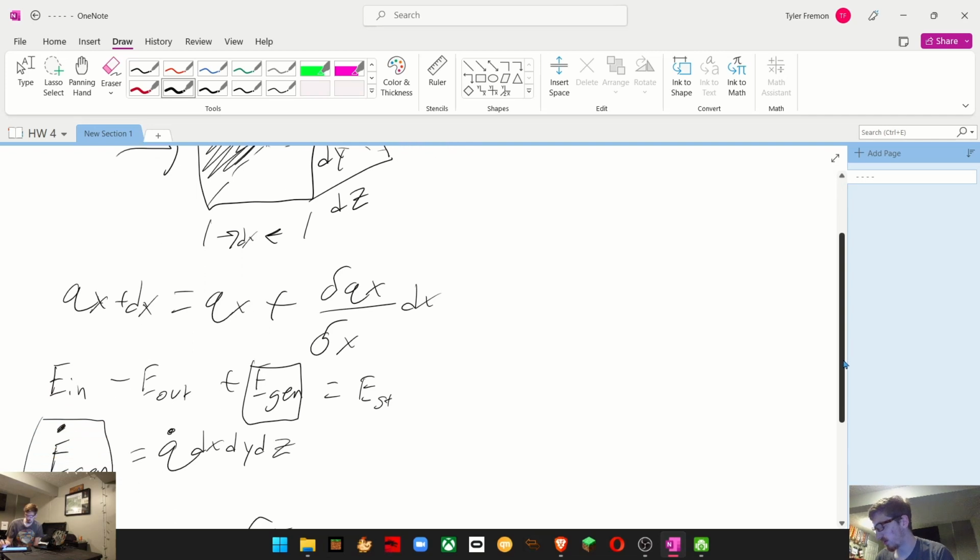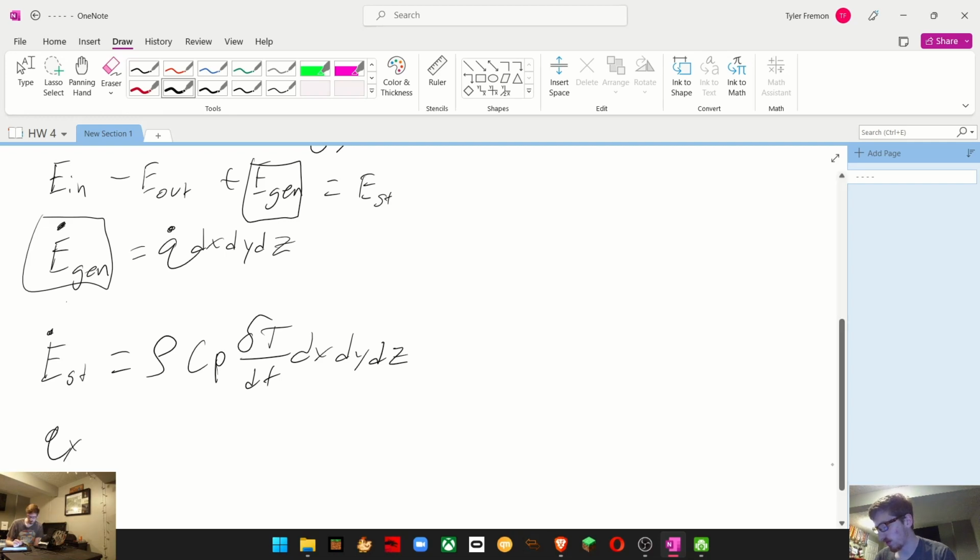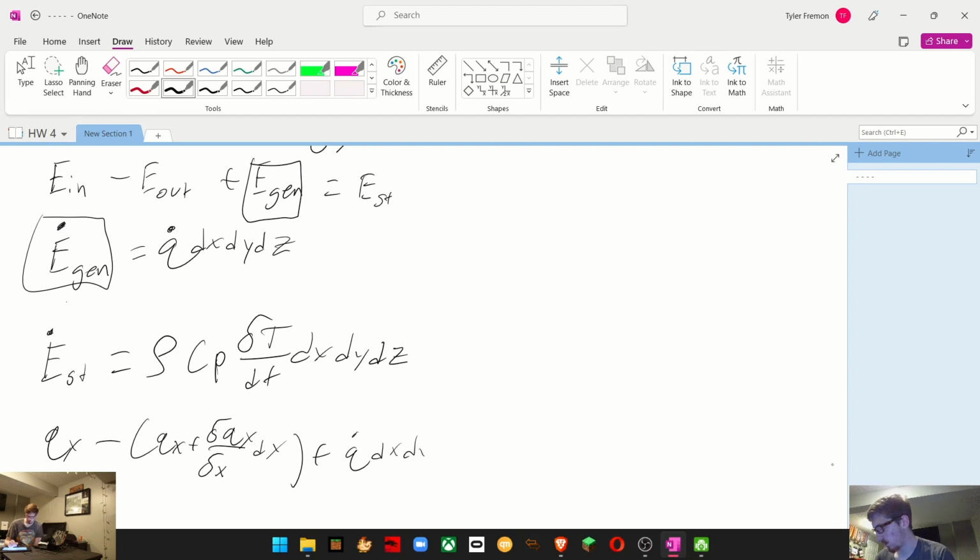So now when we plug these expressions into our original energy balance equation here, we'll have the energy in, which is q sub x, minus the energy out, which is q sub x plus our differential of q sub x over x times dx, and then our energy generation, which is q dot times dx dy dz, is going to be equal to rho times heat capacity times our change in temperature with respect to time, and times dx dy dz.